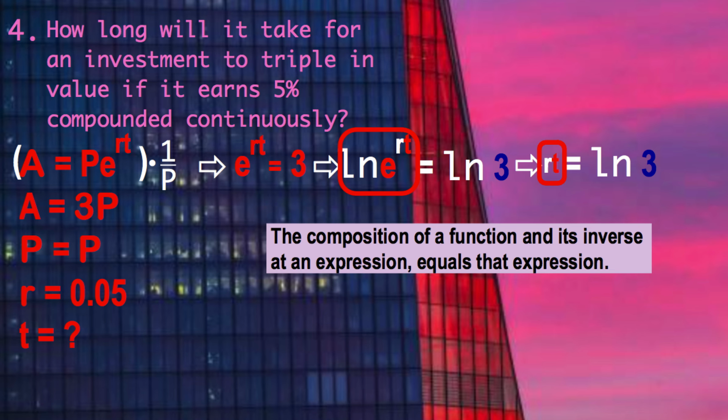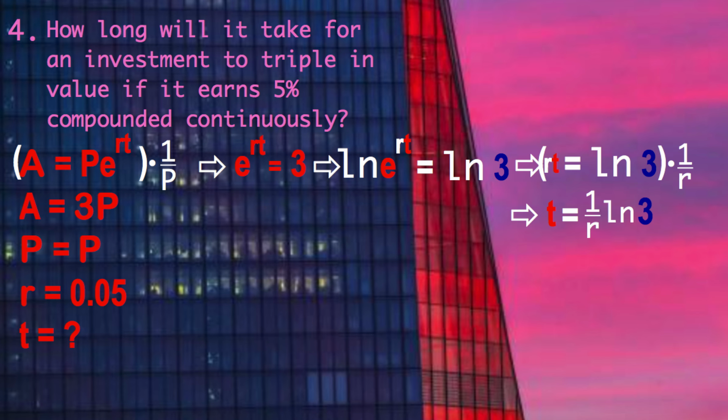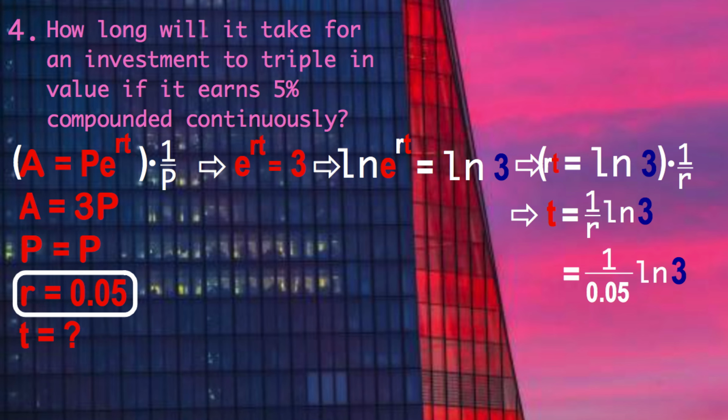Thus, rt equals natural log of 3. To solve for t, multiply both sides of the equation by 1 over r. Thus, t equals 1 over r natural log of 3. Substitute r, which then equals 1 over 0.05 times natural log of 3.